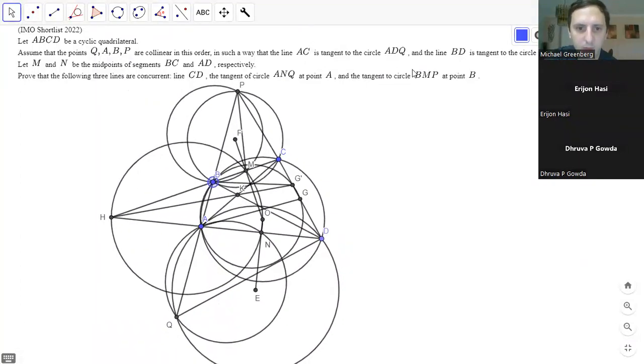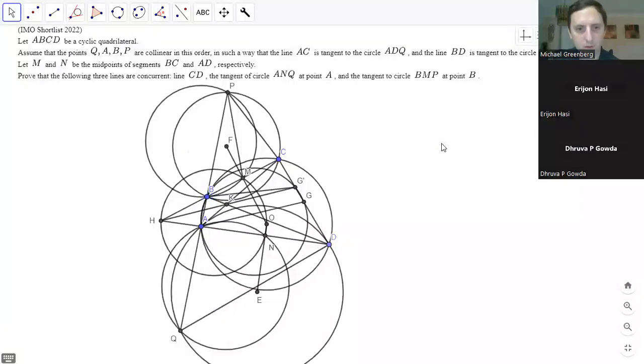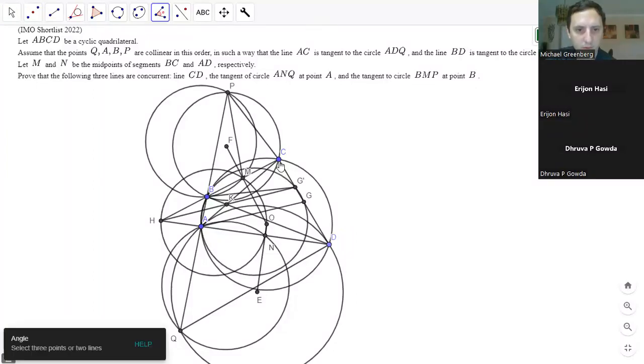No. It is enough to show that, since G prime, G, A, and B are on the same circle, I think we can use that angle G prime AG is equal to G prime BG. Okay. And so then we want to show angle CBG is DAG prime. Is that right? I think so. So it's enough. Yeah, that's enough.